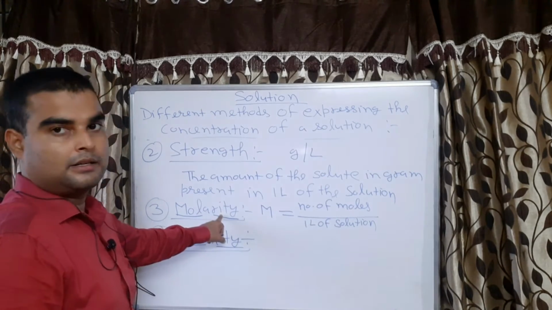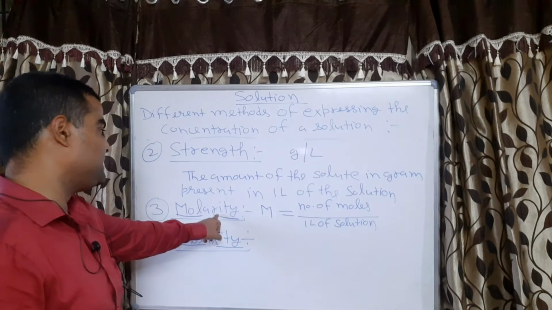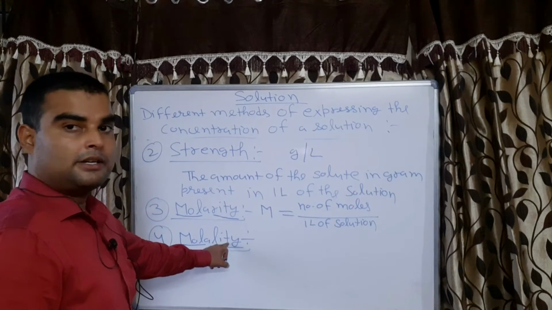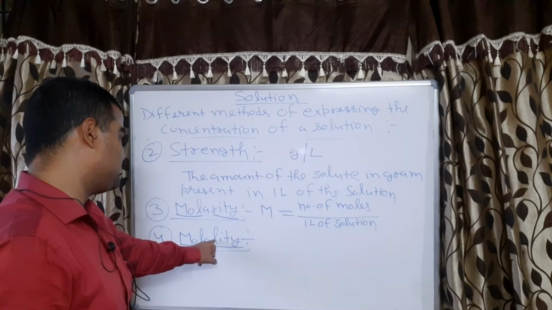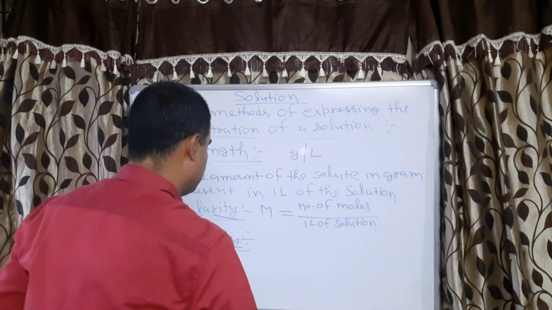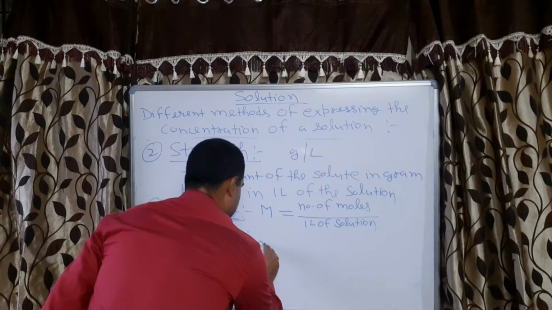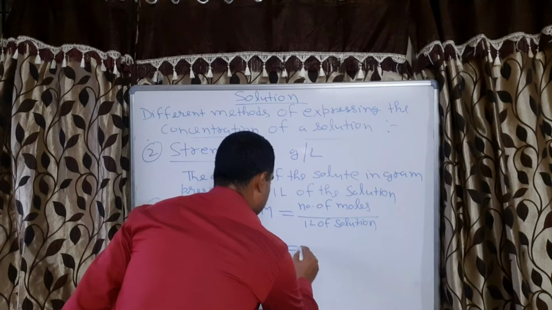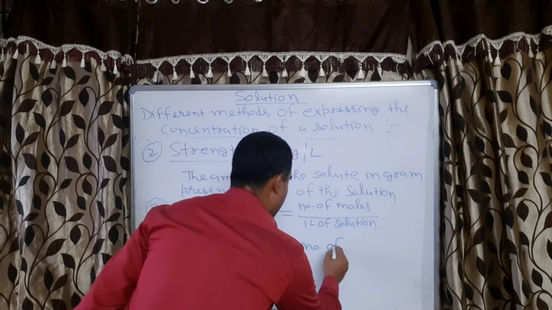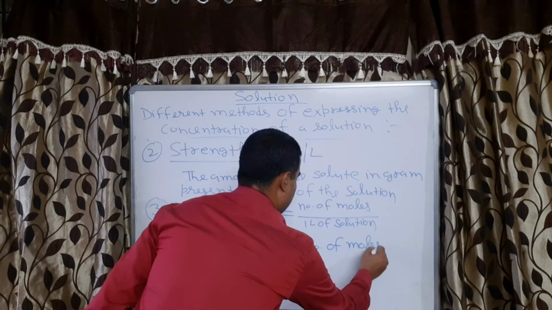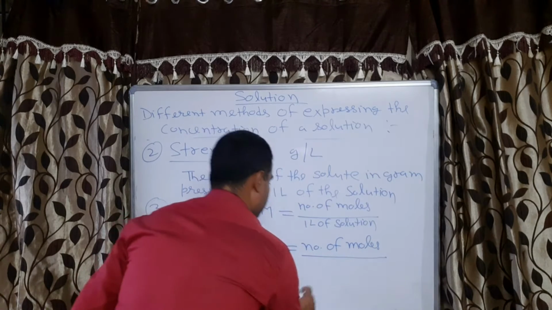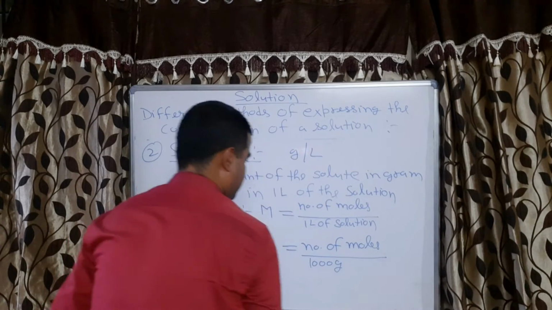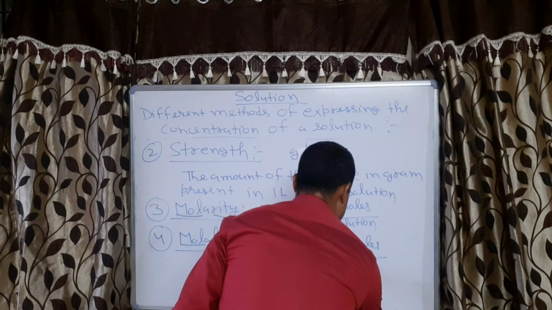Here it was solution and that was in liter, correct? And here it is kg and here it is solvent, correct? And it is represented by small m, that is equal to number of moles in 1000 gram means 1 kg, correct, of solvent.